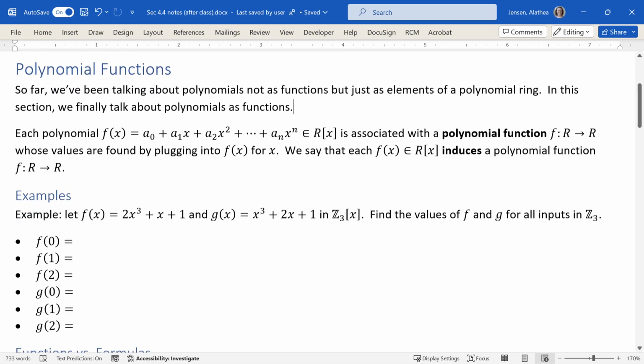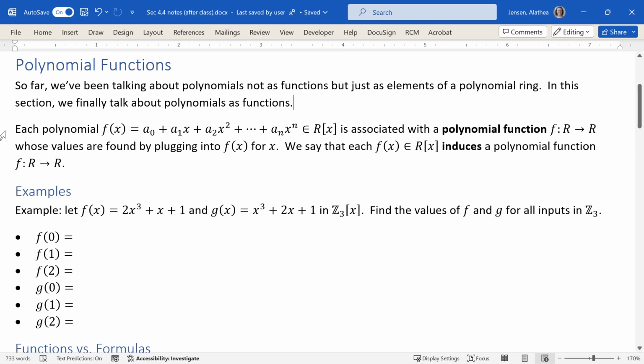The first thing to define is the function that is associated with a polynomial. Each polynomial f of x in R bracket x is associated with what we call a polynomial function. This is a function f from the ring to the ring, where this is the same ring that the coefficients come from.